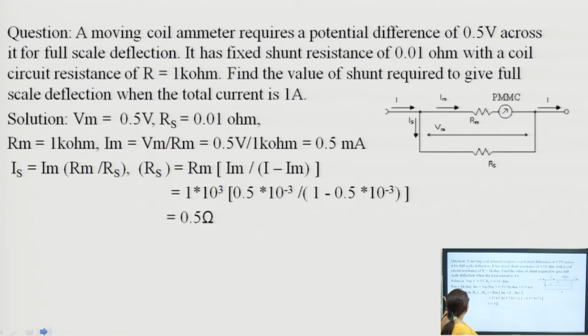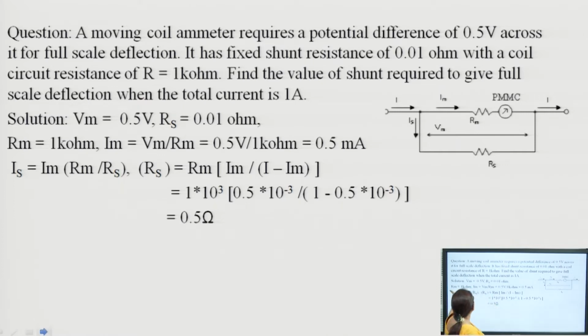By the equation Is is equal to Im Rm by Rs, when we substitute the values, we know that the shunt resistance is given by Rm into Im divided by I minus Im. So, by substituting this value we find that the value of resistance is 0.5 ohm.